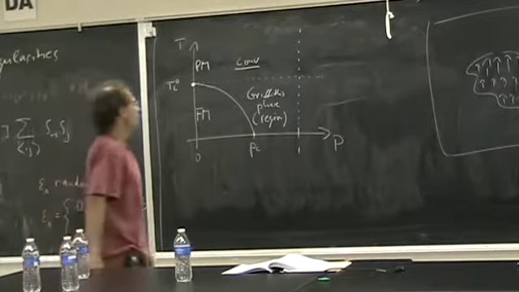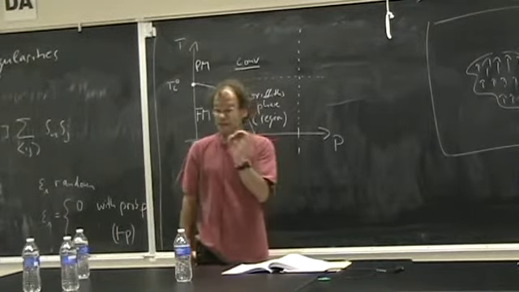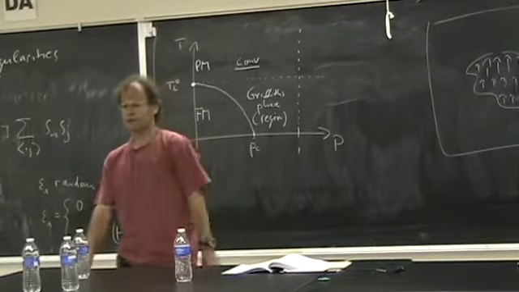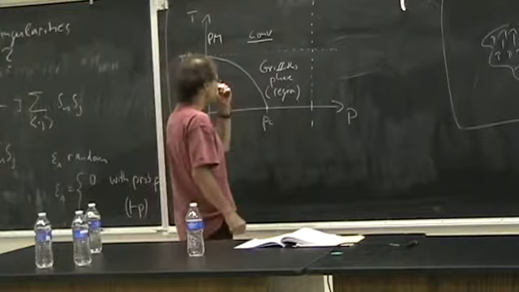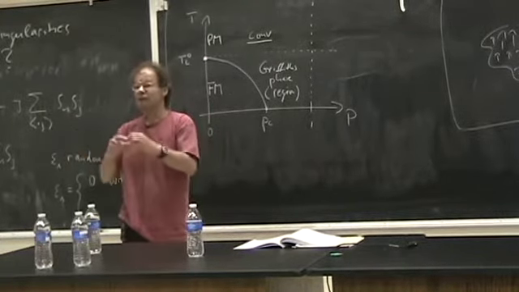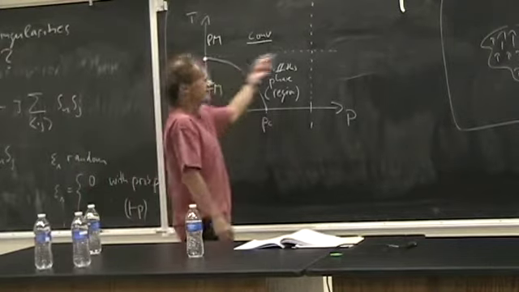For those regions. Well, I think I can, because I can say, when is the first time, as I come from high temperatures, that I get a locally ordered cluster? And the first, an arbitrarily large one, I think that's the important key. When is the first time I get an arbitrarily large locally ordered cluster? And that happens right at the boundary.